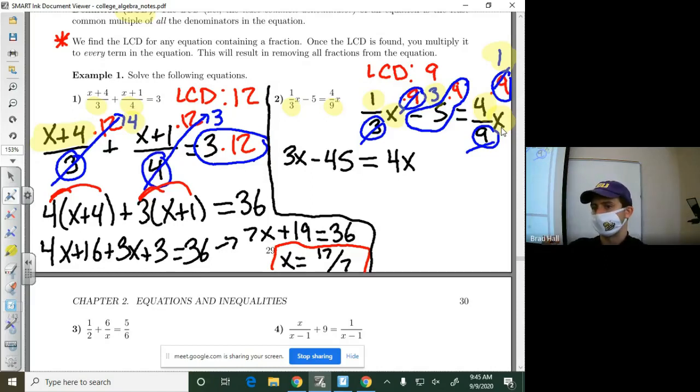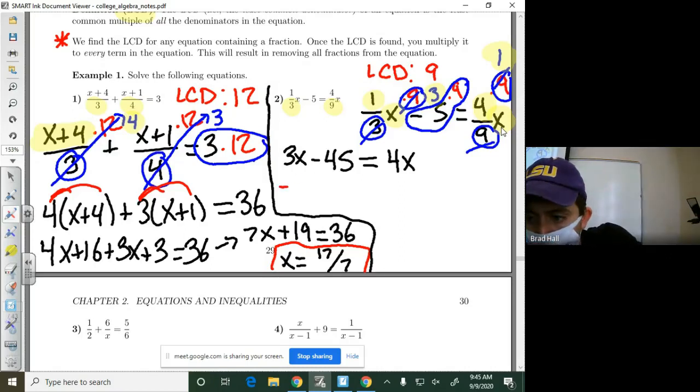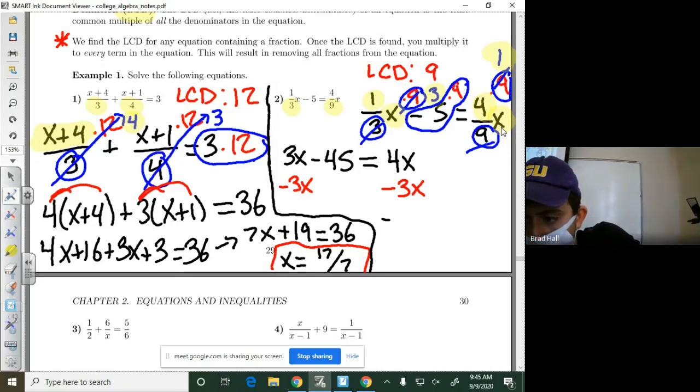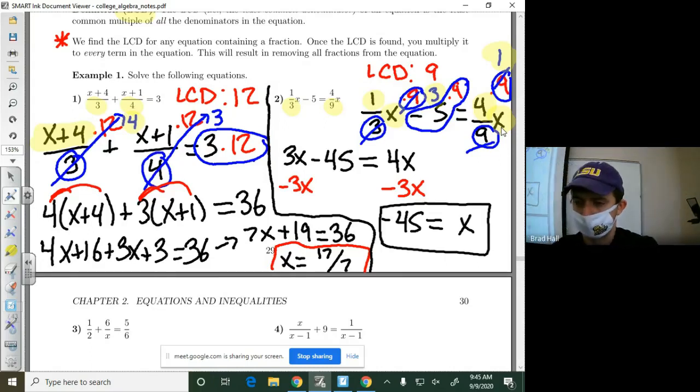So after you apply the least common denominator, the problem works out very nicely. And from here, we can go ahead and combine like terms. Minus 3x, minus 3x. That's -45 is equal to 4x minus 3x, which is just x. And we're done.